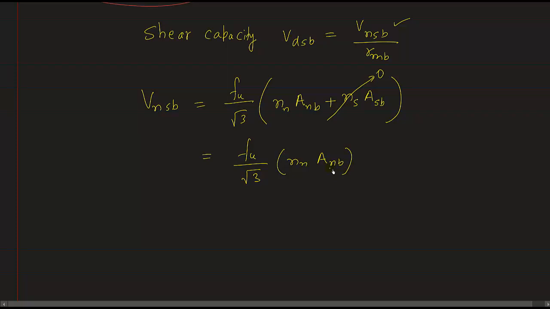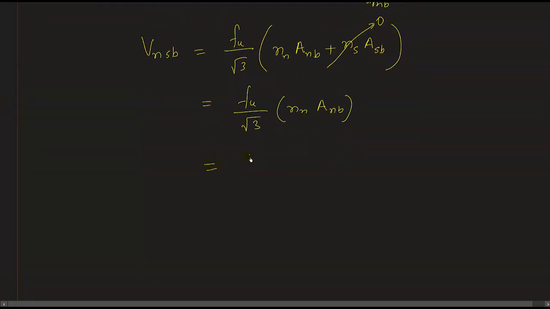So if I plug in all these values, fu is 800 and this is divided by root 3 and this Nn is 1 and this is 78% of the bolt area, that is pi by 4 times d square. So if I calculate this, this turns out to be 113 kilonewton.